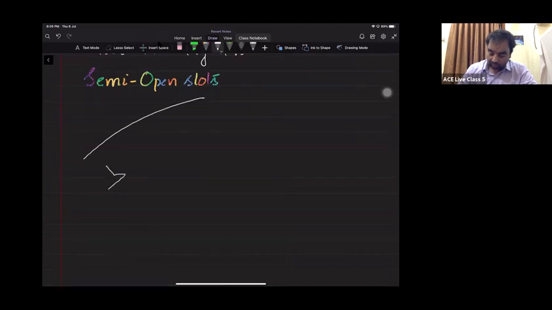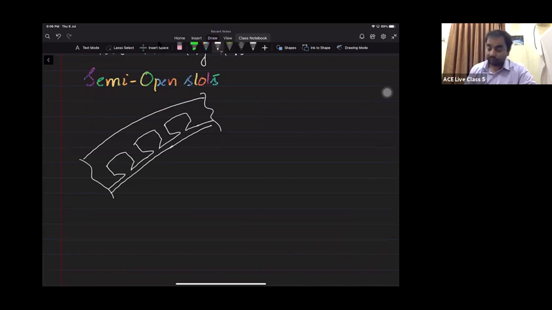You can see, these are semi-closed slots, roughly. This is the stator core with semi-closed slots, right?